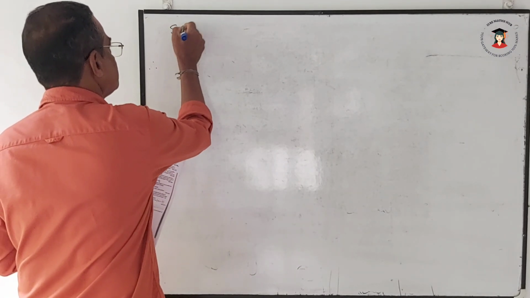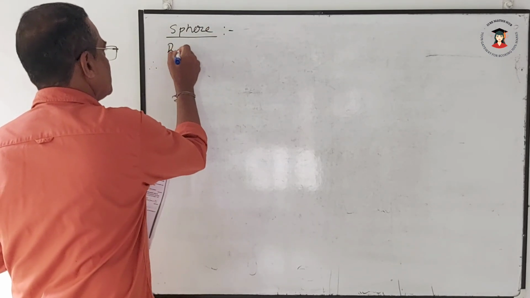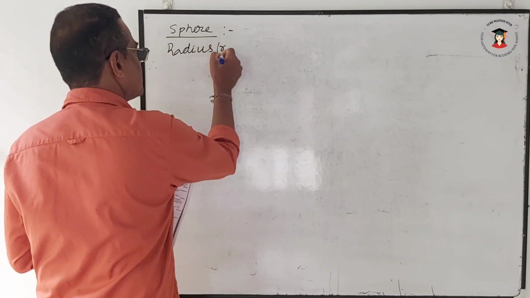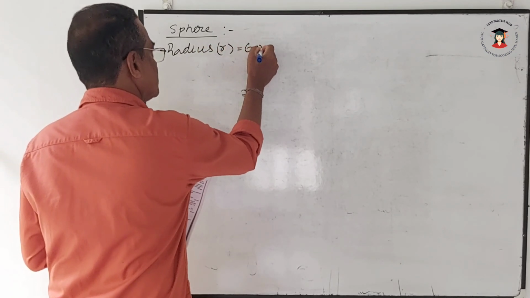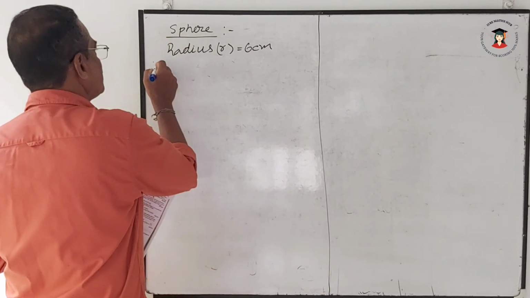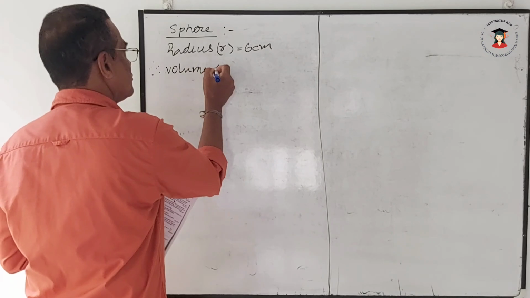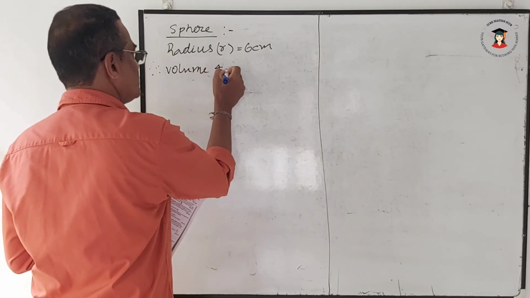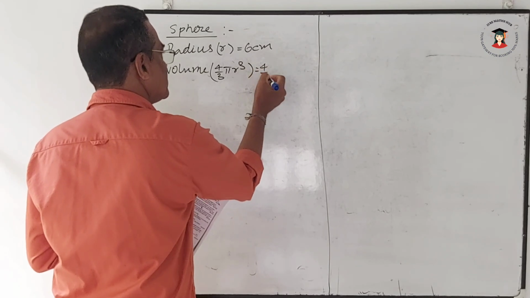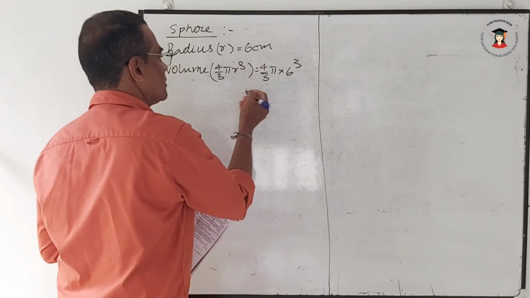Sphere, radius equal to 6 centimeter. Therefore, its volume is 4 by 3 pi r cube, equal to 4 by 3 pi into 6 cube.